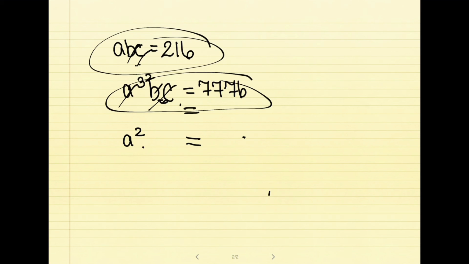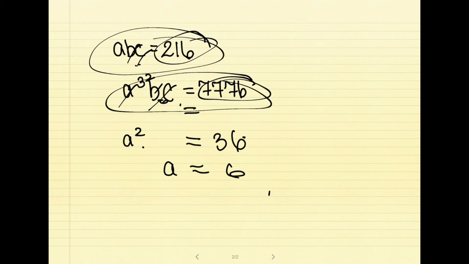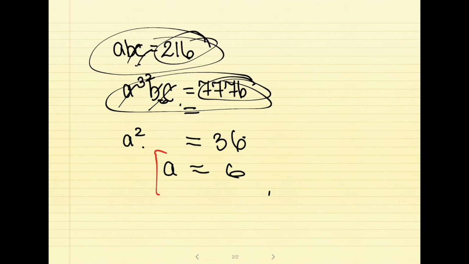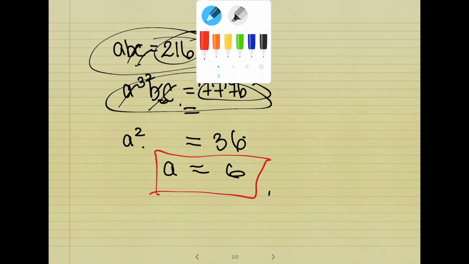So we have a to the power of 2, and then we do 7,776 divided by 216, which is exactly 36. So we just do some algebra here. a is equal to 6. All right. Then we're going to do the same thing to the other equations. So we already have a is equal to 6. Wonderful. We have 1. Let's move on to the next one.